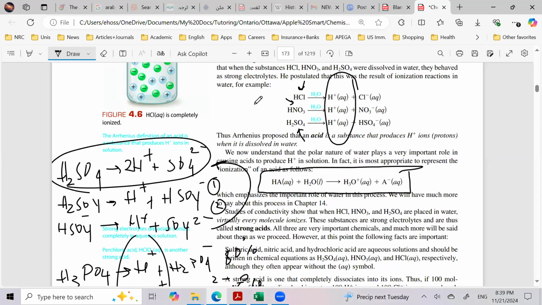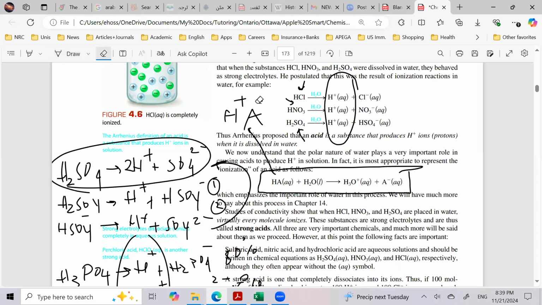Any anion, basically. That's why we put A. A means any anion, because hydrogen itself is positive. So when it dissociates in water, we have H plus, so it's positive, so it needs an anion to be called an acid. And it's aqueous because it's in water. Even if you don't write H2O, it's still fine.